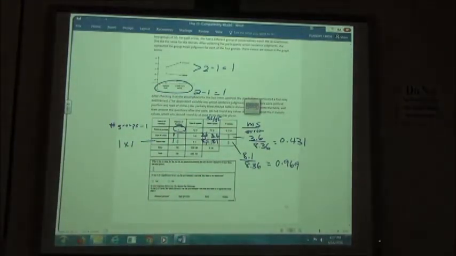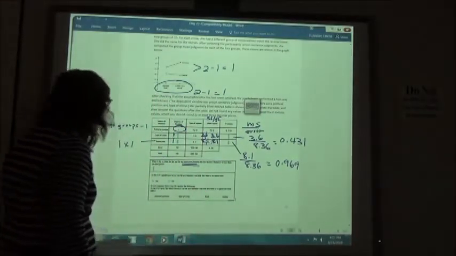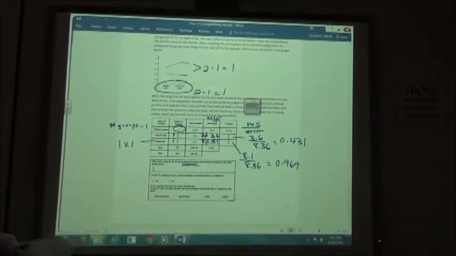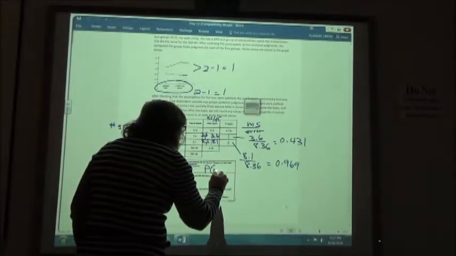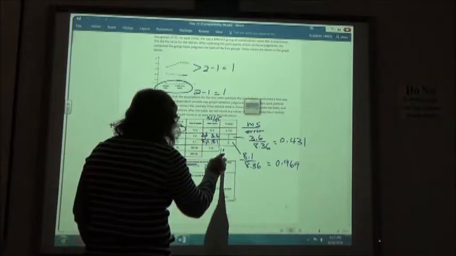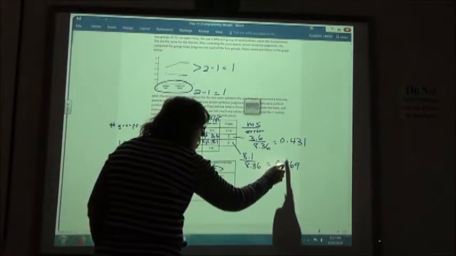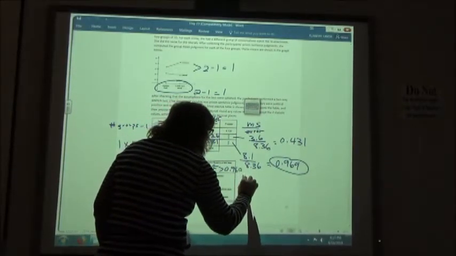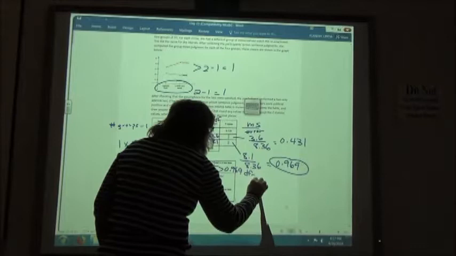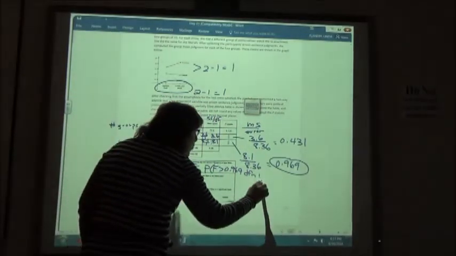So what is the p-value for the test for the interaction? I am going to do p of F is greater than, and since I'm doing the interaction, I'm using the F statistic, which was this one right here, 0.969. My degree of freedom in my numerator would be the degree of freedom for the interaction, which is 1.